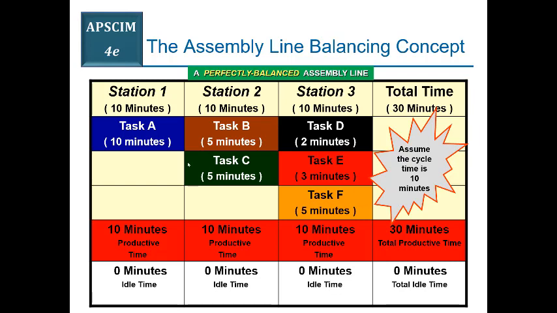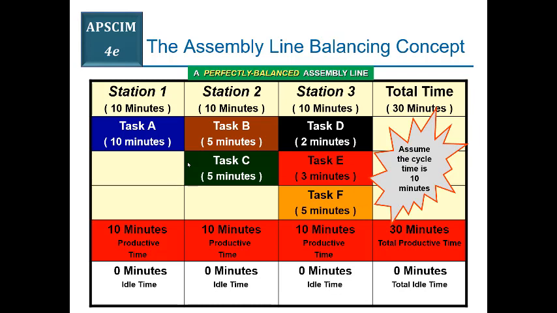So a perfectly balanced line will never be achieved, you know. Loading or unloading time different होंगे, movement policy different होगी, operation time different होंगे. So there are so many factors due to which it is impossible to come up with a solution in which you will get a perfectly balanced line, you know.